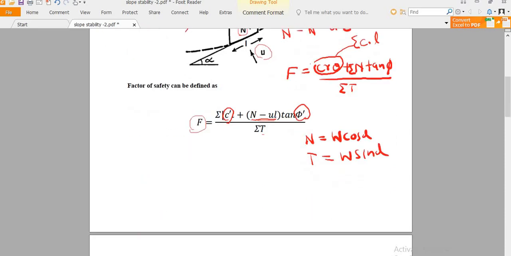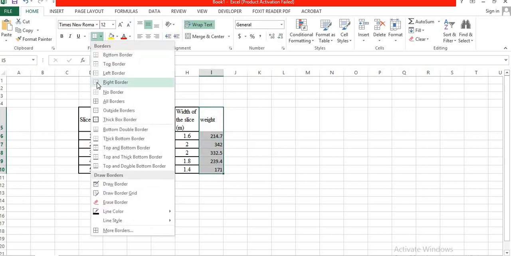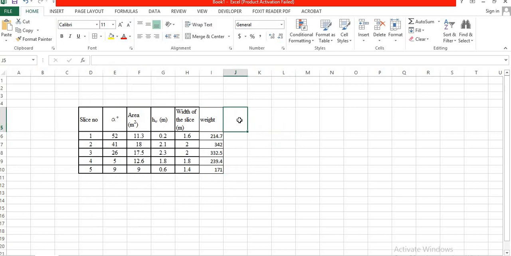So we can put this in a table. What we need to find first is the weight of the slice. We know it is calculated by multiplying the area with the unit weight, 19. Then, if we know the weight, we can find the N and T components.